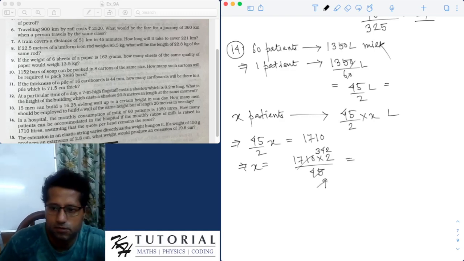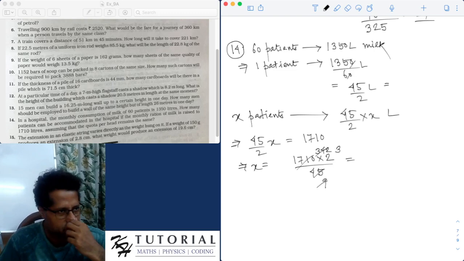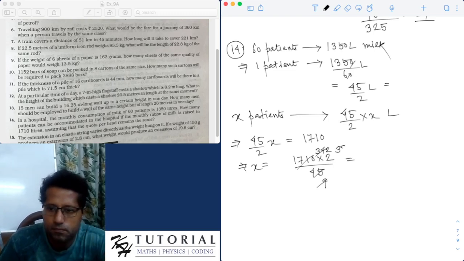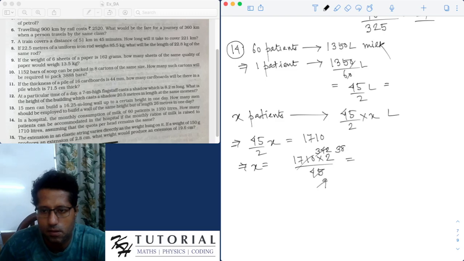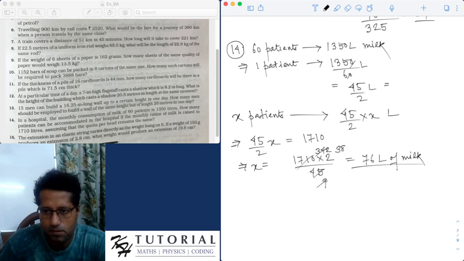This 9 divides 342, 9, 3, 27, 7, 72. So this is 76 liters of milk. 76 liters of milk is the answer.